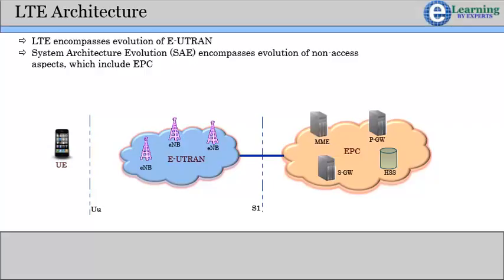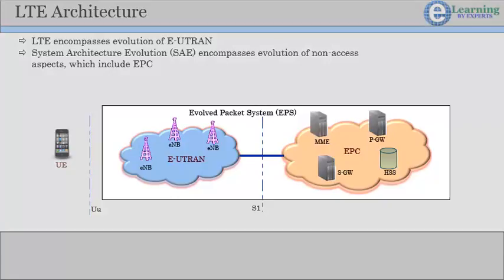It is accompanied by an evolution of the non-radio aspects under the term System Architecture Evolution, SAE, which includes the Evolved Packet Core, EPC, network. Together LTE and SAE comprise the Evolved Packet System, EPS.